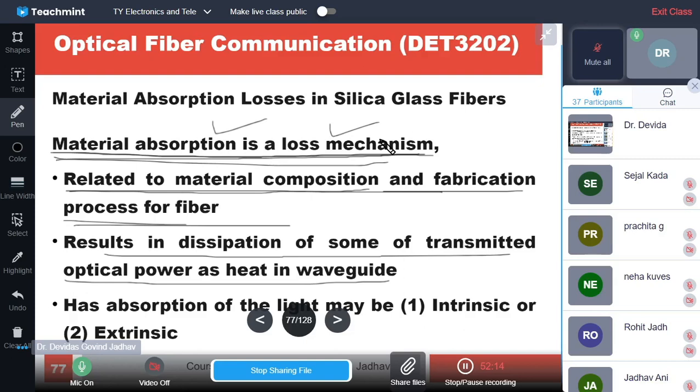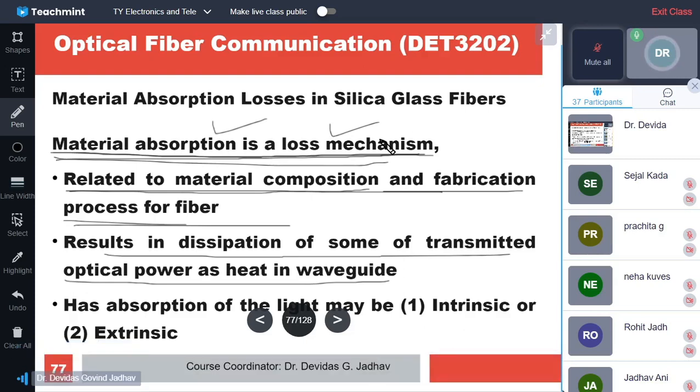If the optical energy is absorbed by the material, energy can neither be created nor destroyed. What will happen to that optical energy? Suppose 100 photons are propagating, and 1 photon, 2 photons, 5 photons are absorbed. What happens to those photons?